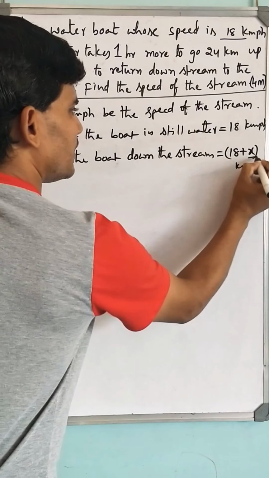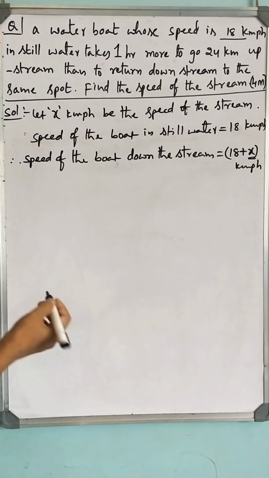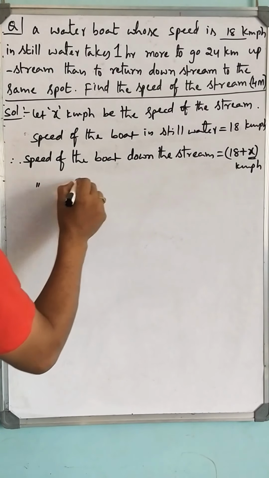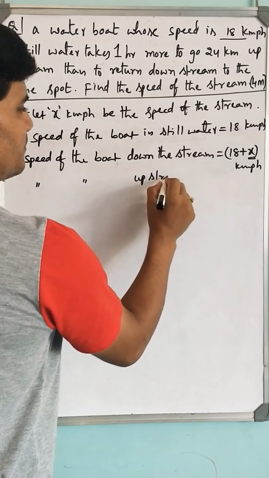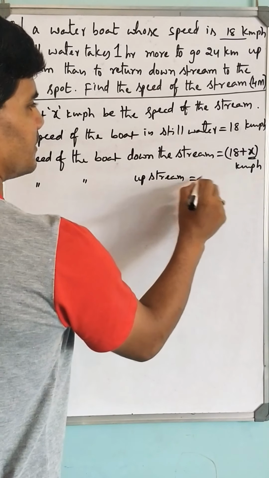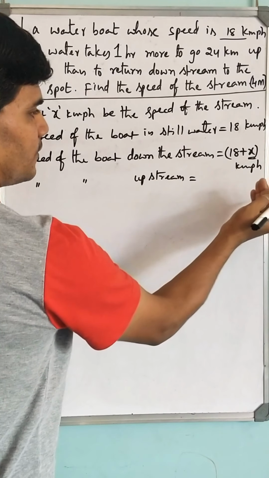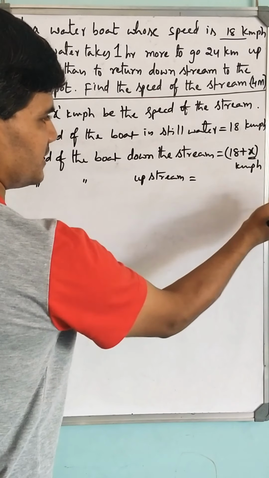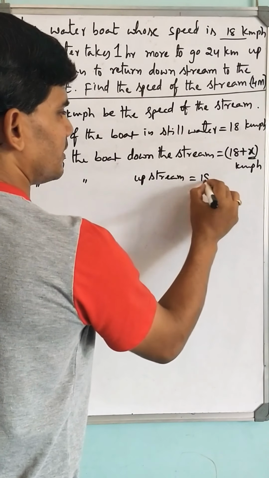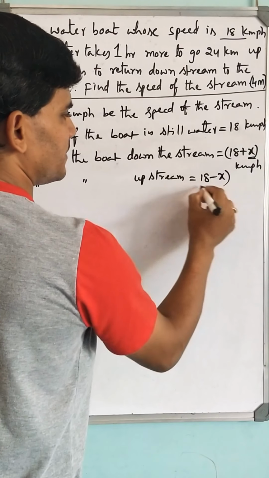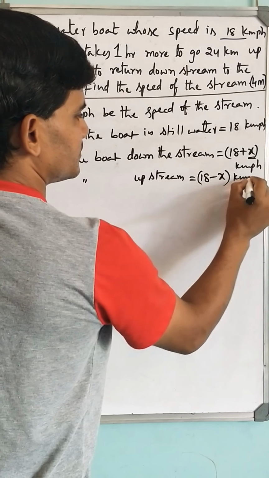The speed of the water will add to the speed of the boat. Similarly, speed of the boat upstream, then the flow speed, that is speed of the stream, will oppose the speed of the boat, which means the boat speed decreases by x kmph.